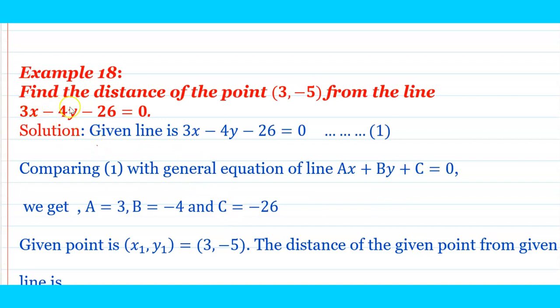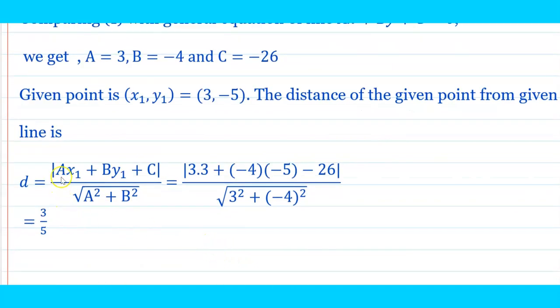Now the problem: find the distance of the point (3, -5) from this line. Here the equation of the line is in the form ax + by + c = 0. For the first line, a is 3, b is -4, and c is -26, and the point is (3, -5).